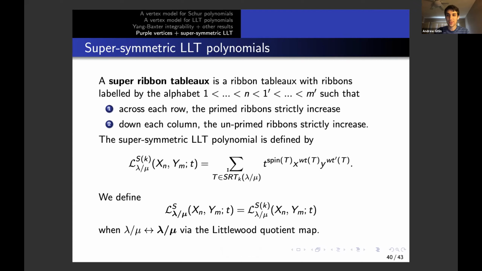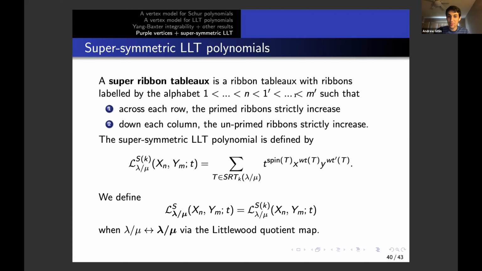And in order to define these, I have to talk about super ribbon tableau. So I'm going to use the ribbon tableau definition of LLT polynomials that I talked about at the beginning. So what a super ribbon tableau is: I take a ribbon tableau and I label the ribbons with regular numbers and primed numbers. I enforce that all the primed numbers are bigger than all the unprimed numbers. And then I put certain demands on the ribbons.